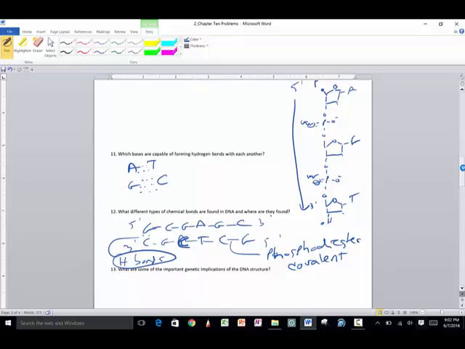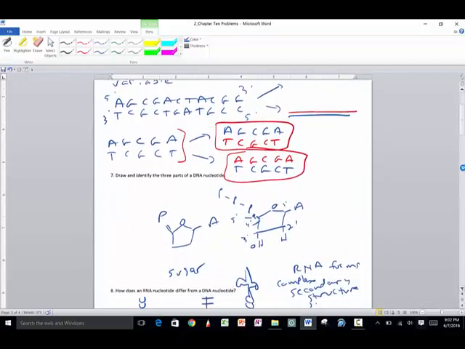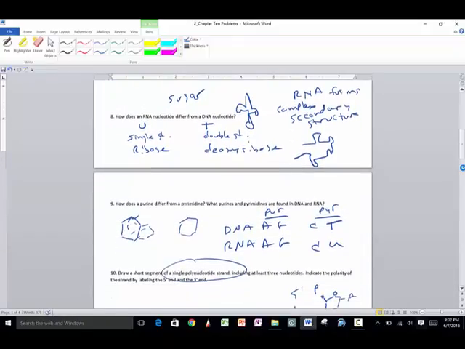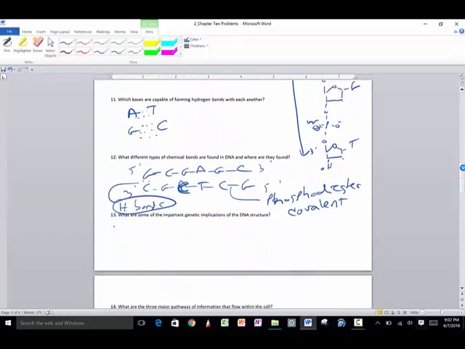So what are some of the important genetic implications of DNA structure? Well, the fact that, like we talked about before, it can be replicated. The GC rule and the AT rule tells us that it can be replicated.